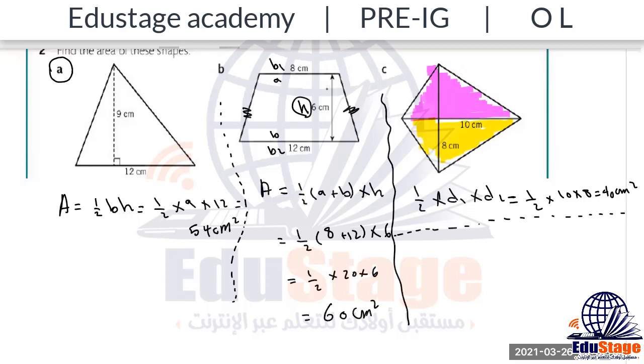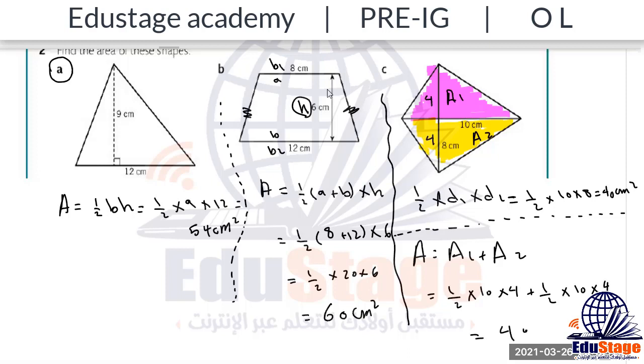So I can say A1 and here A2, then the area will be A1 plus A2. This one is 10, this one is 4, so this one is 4 also. So half times 10 times 4 plus half times 10 times 4 will be 40 also. 40 square centimeter.